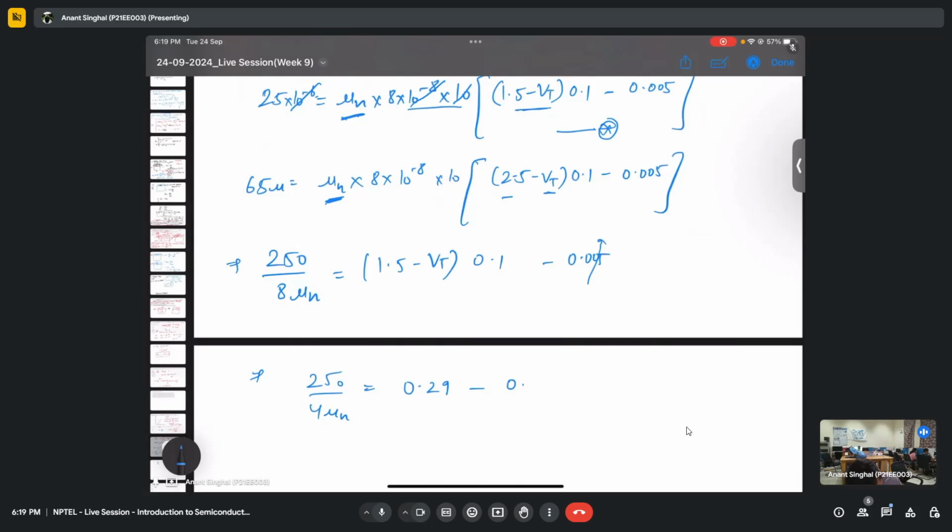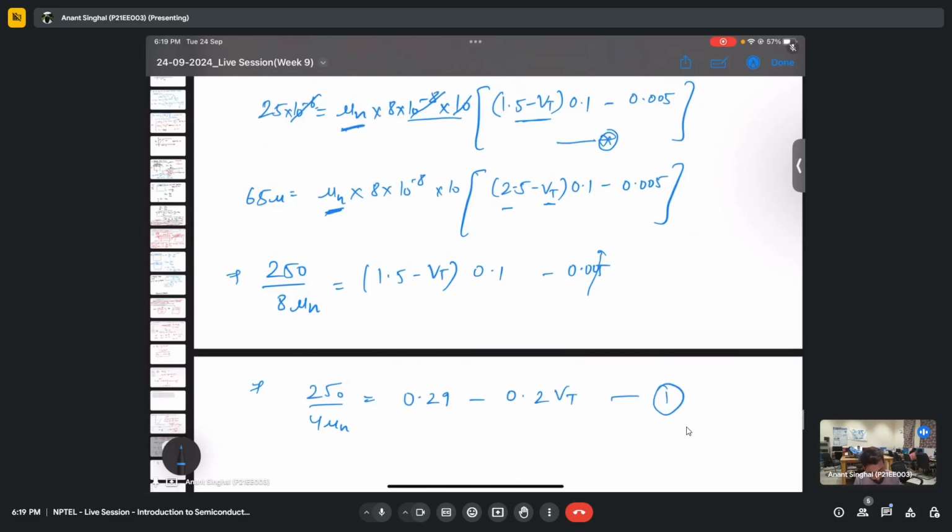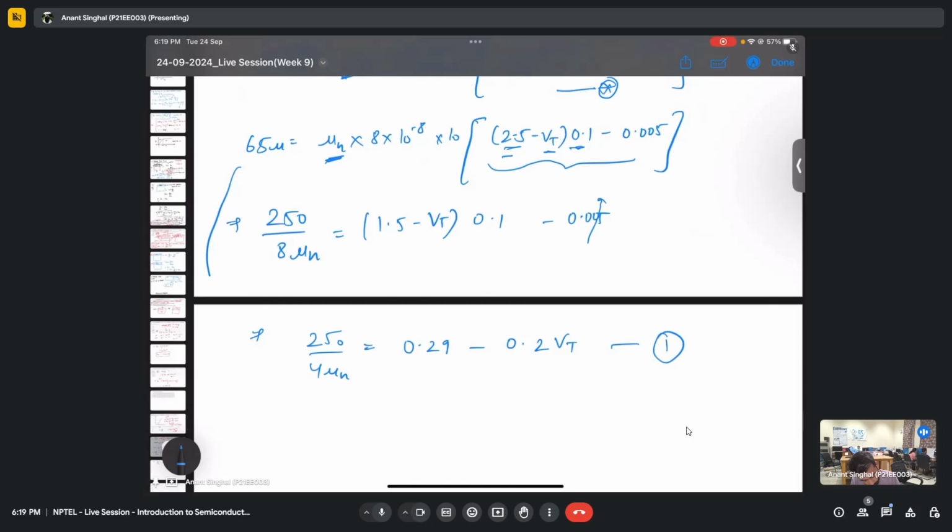Does it make sense? I have done the basic calculations. I opened the bracket, this is 0.15, and minus something, it gives 0.29 minus 0.2 VT. And similarly for the second, I can write 650 by 4 mu n, it is 0.49 minus 0.2 VT.